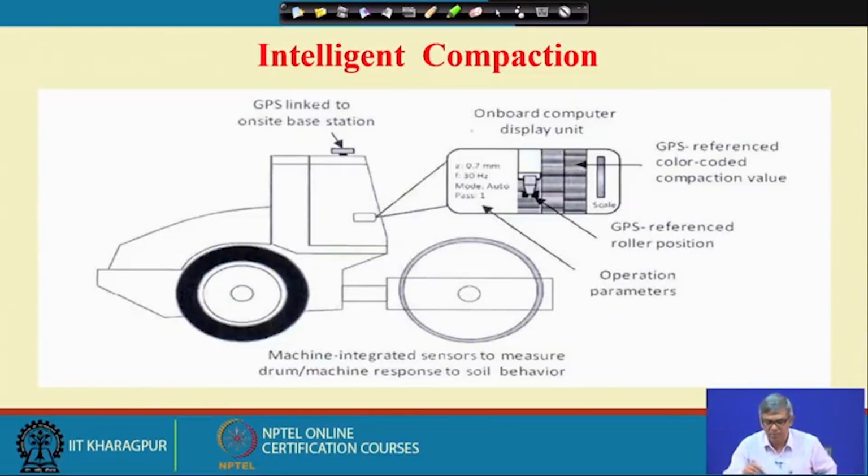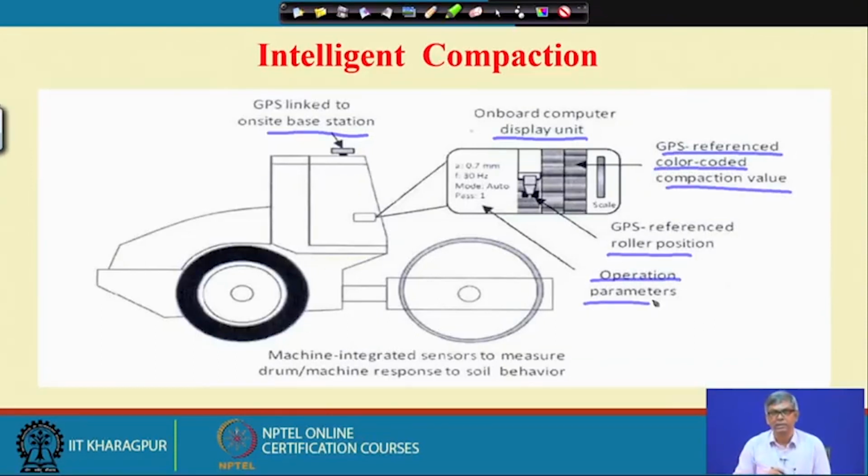This is the typical intelligent compaction equipment, with a GPS link and an onboard computer display unit where you can see the GPS reference and color coded compaction values.